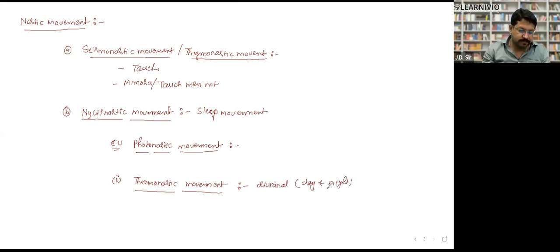The diurnal variation in the position of plant parts caused by change in temperature of the surroundings, such non-directional movements are called thermonastic movement.